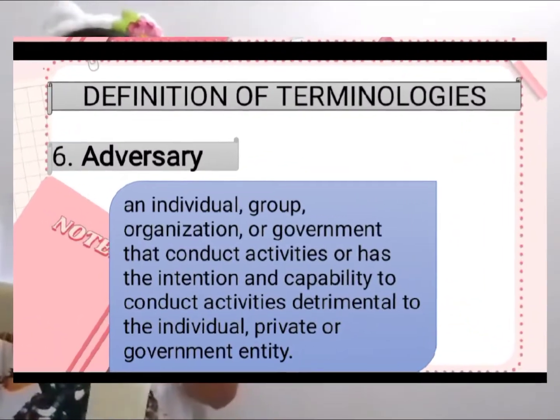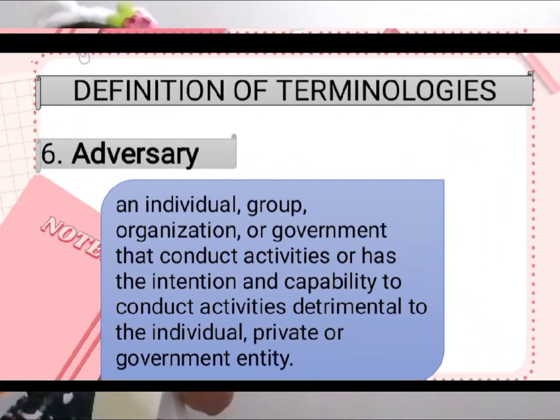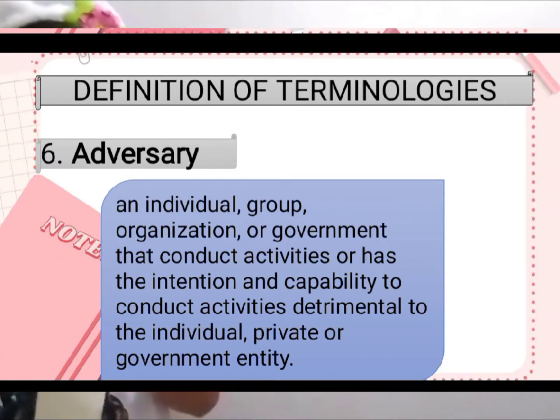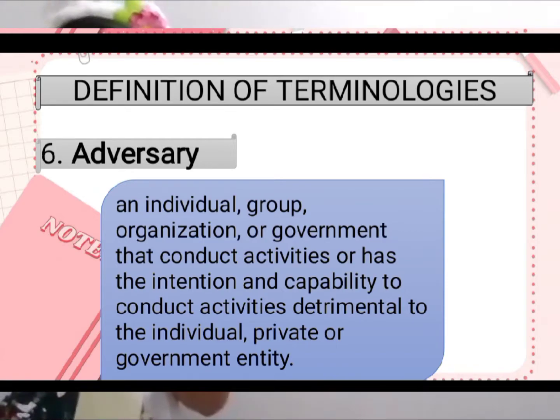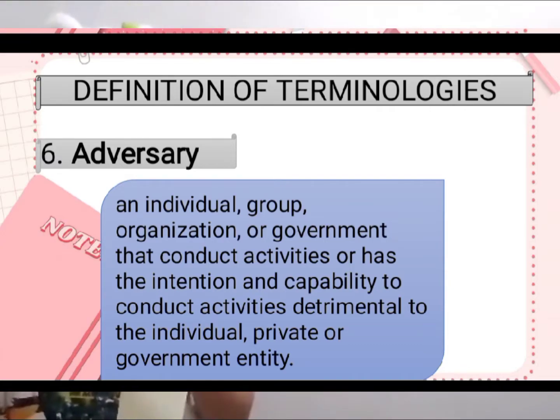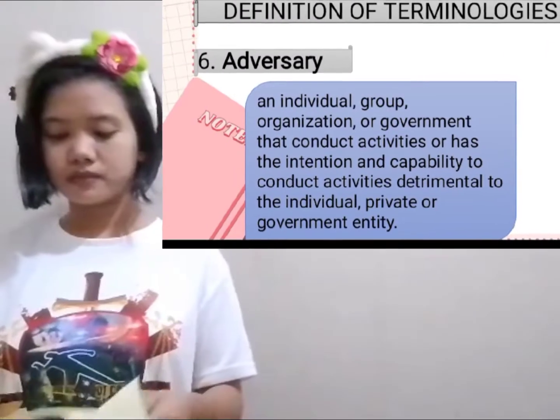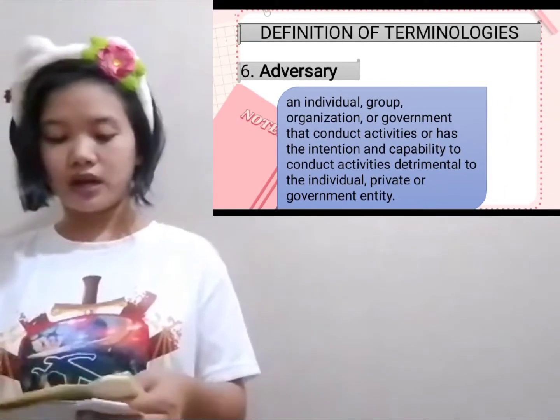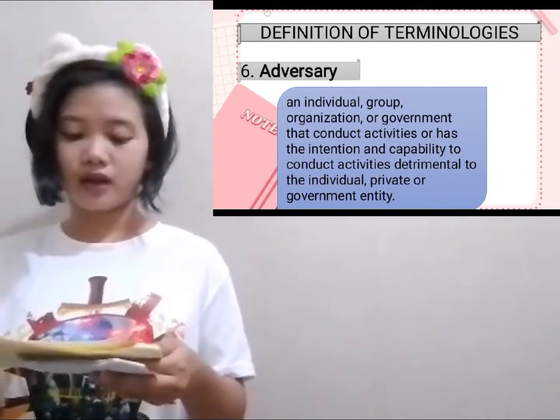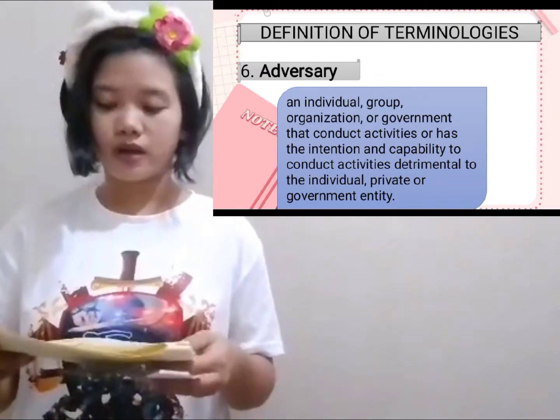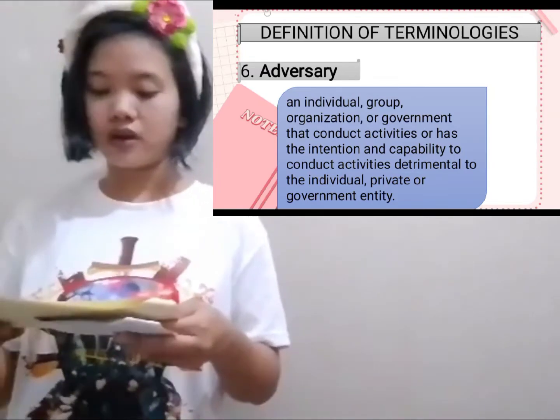Number 6. Adversary. An individual, group, organization, or government that conducts activities or has the intention and capability to conduct activities detrimental to the individual, private, or government entity. Adversary, antagonist, means a person or a group contending against another.